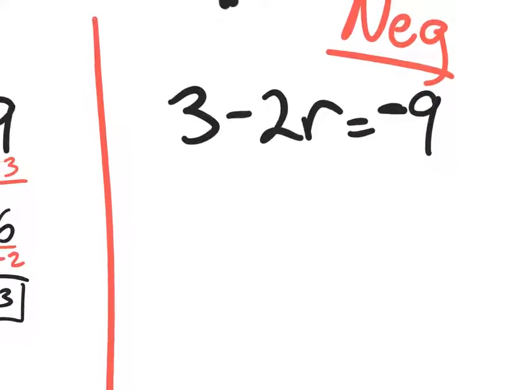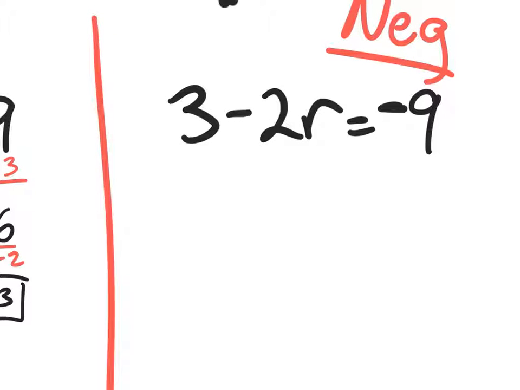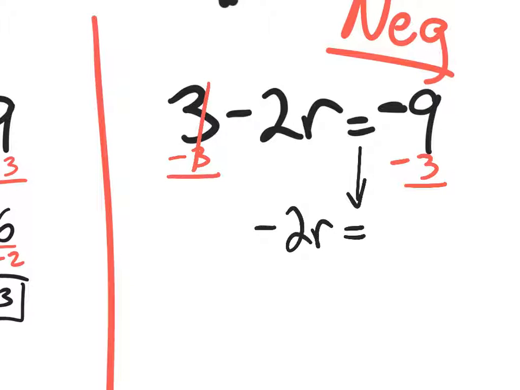The negative situation, we're going to get that 3 out of there from the left side. Again, subtract 3. What you do to one side, you must do to the other. Our new equation is negative 2r equals negative 9 take away 3 is negative 12.